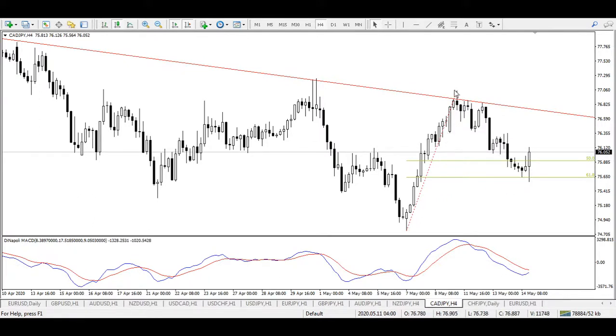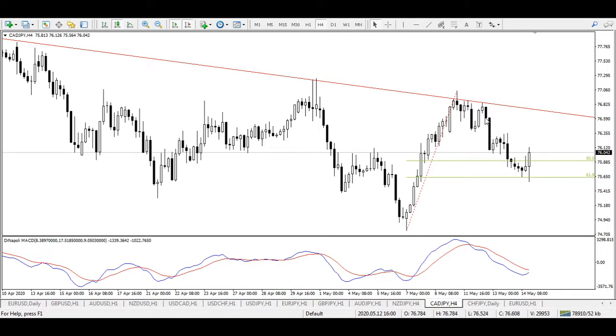This is a bullish reaction from this 61.8 support, although there is no big significance of support and resistance on such non-major pairs. But I'm telling you one other thing which is exceptional and can be considered on CAD JPY, because CAD JPY itself is kind of a major pair.